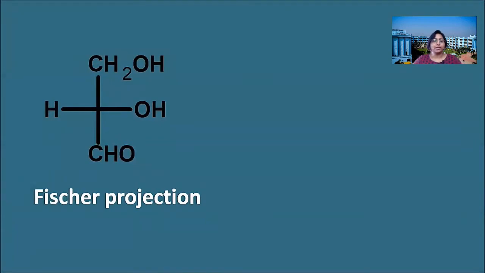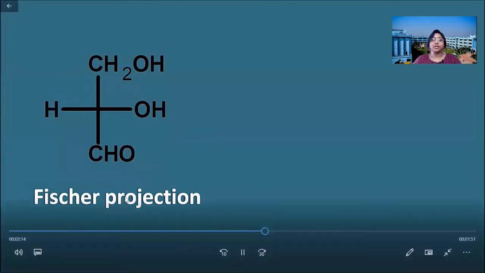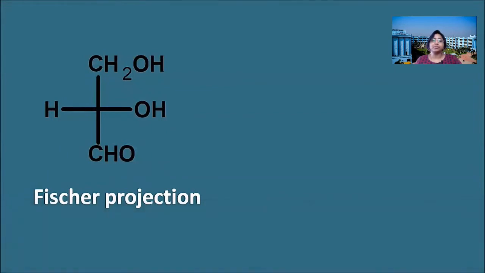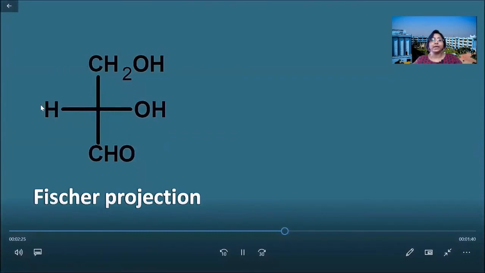So now take the compound glyceraldehyde. You have seen this one. Here it is represented by the Fischer projection. By Fischer projection, you can see the OH group is on which side, right or left? First, you have to find out the asymmetric carbon.